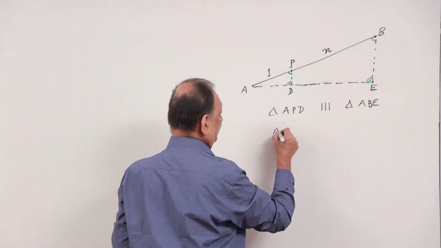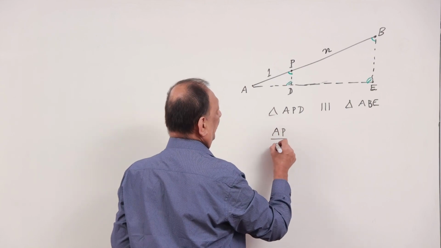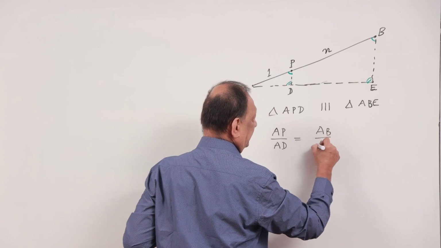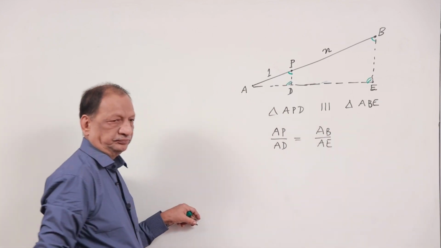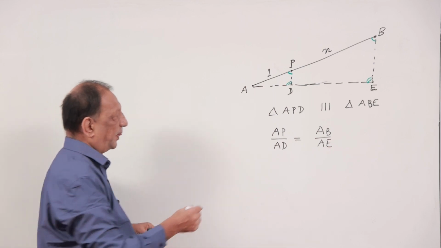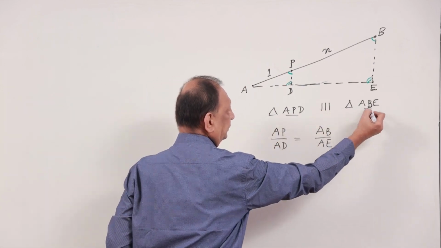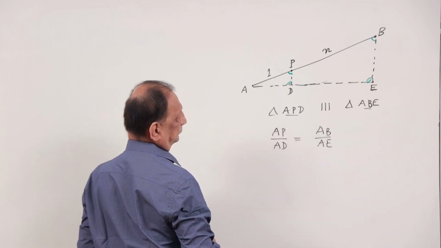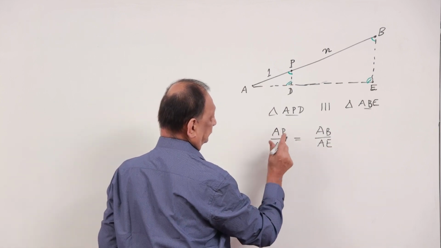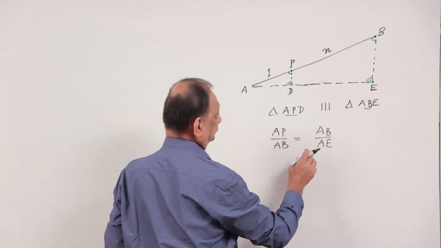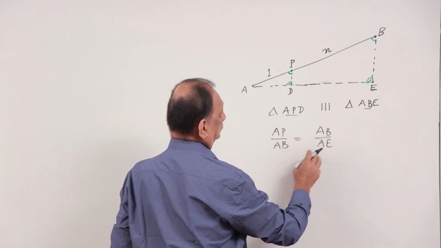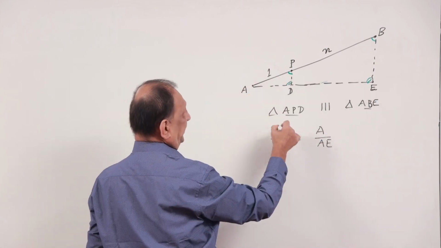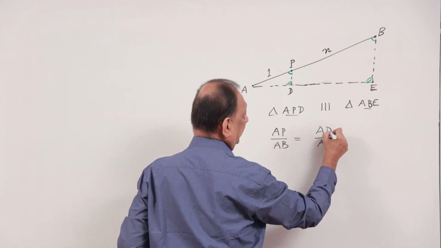Therefore, AP by AB is equal to AD by AE.